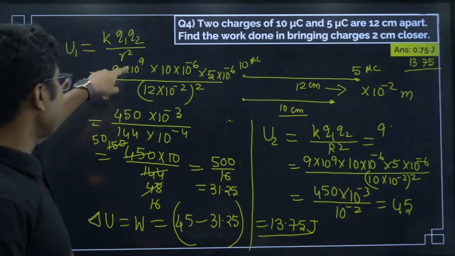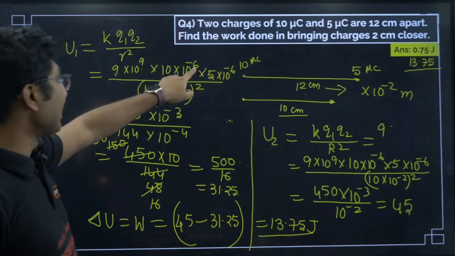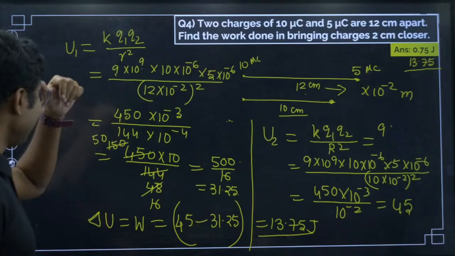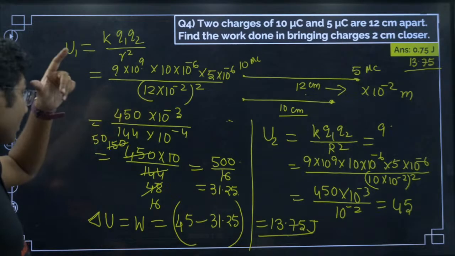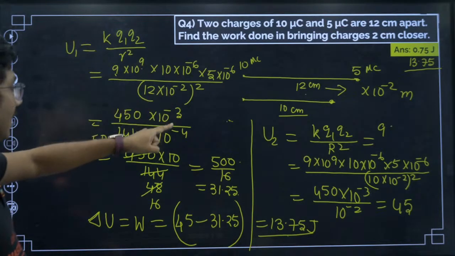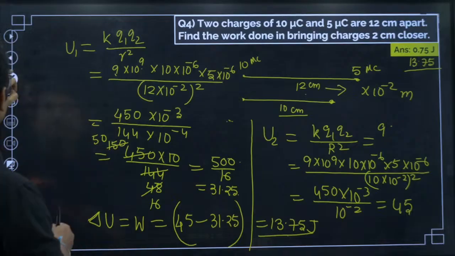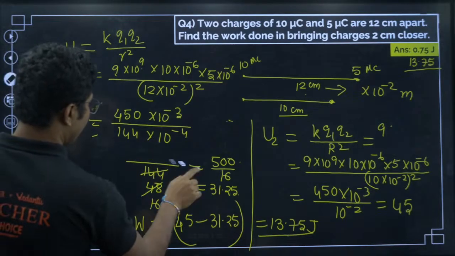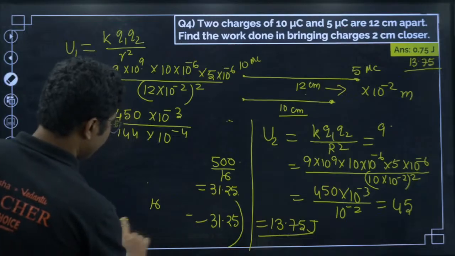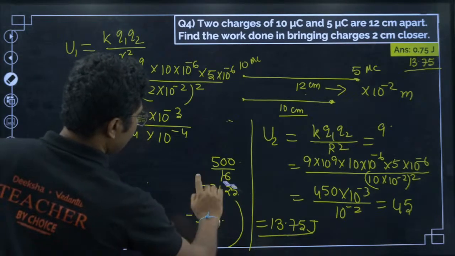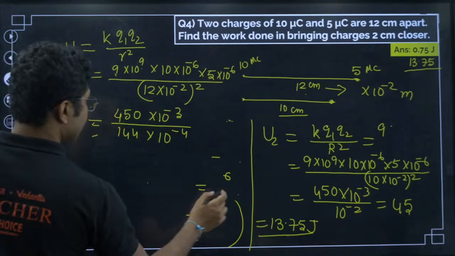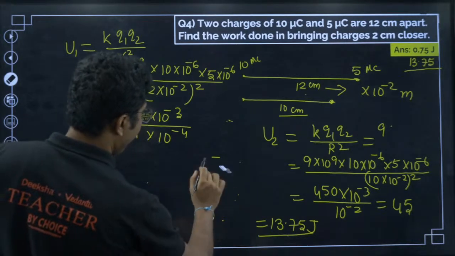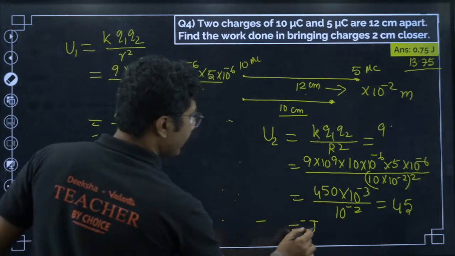So it will be 450, 10 to the power of 9 minus 6, it will be minus 12 plus 9 minus 3. 12 square is 144 divided by 10 to the power of minus 4. Let me simplify this. I am sure up to this point there is no mistake.